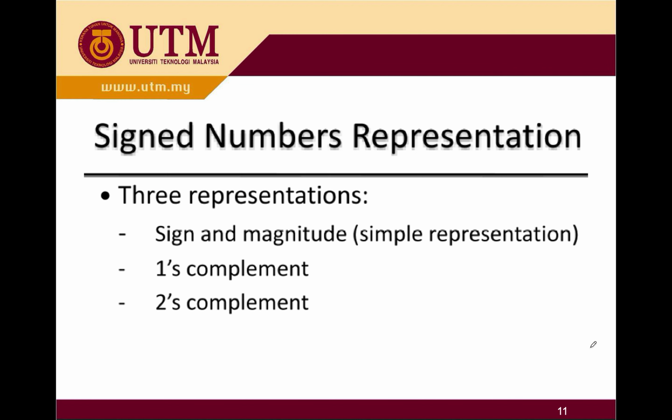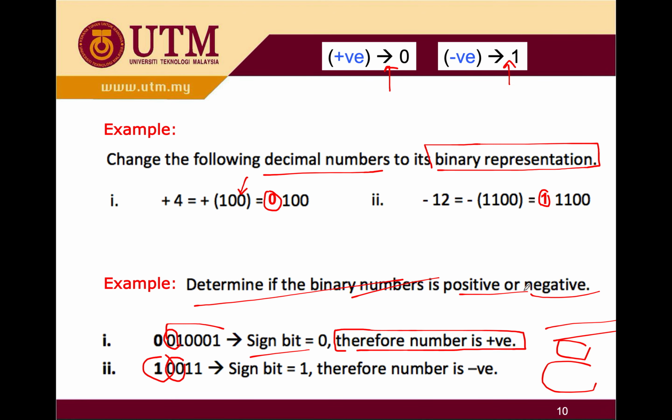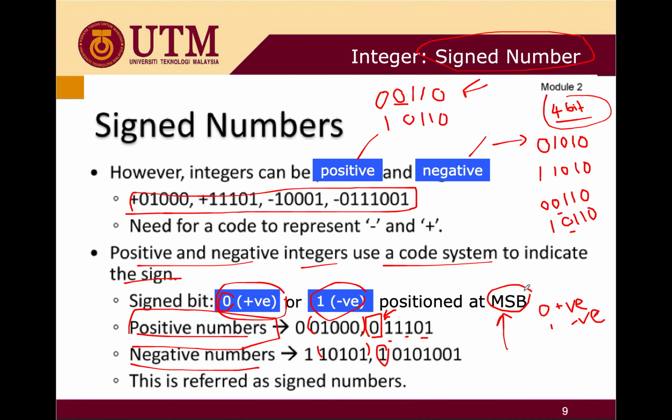Here is where you might feel a bit confused, because this one was mentioned for you in the signed number. You just need to put 0 or 1 in front of the binary number to state whether it is positive or negative.